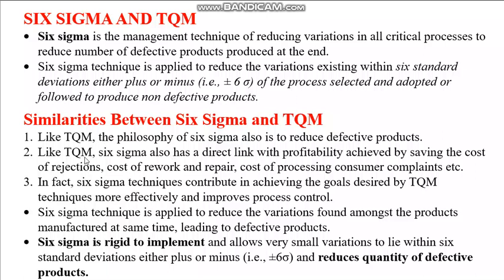Then like TQM, Six Sigma also has a direct link with profitability, achieved by saving the cost of rejections, cost of rework, cost of repairs, and cost of processing the consumer complaints.